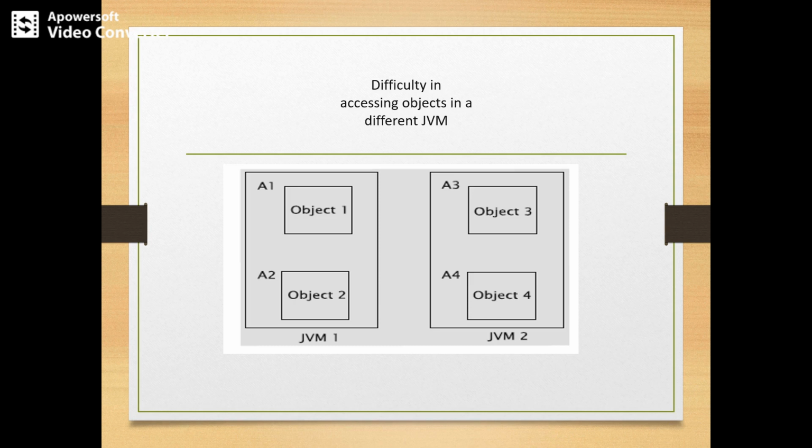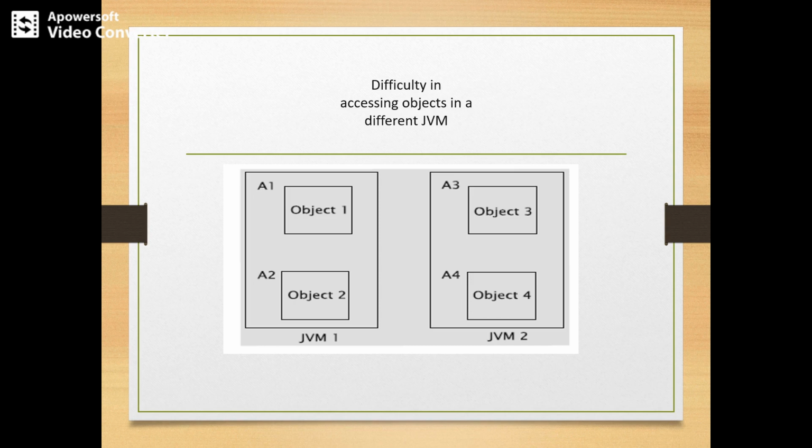For example, object 1 and object 2 are created in JVM 1, and are allocated at address A1 and address A2 respectively. Similarly, object 3 and object 4 live in JVM 2, Java Virtual Machine 2, and are respectively allocated at address A3 and address A4.